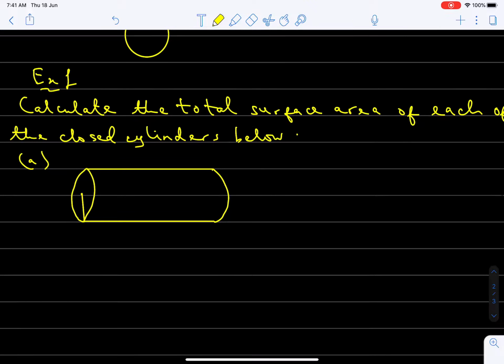I think I want to just put the radius outside here. The radius of the cylinder is 7 centimeters, and its length or height, when it lies this way, you can call it a length instead of a height. But when it stands, you call it a height. So length is actually the same as height.